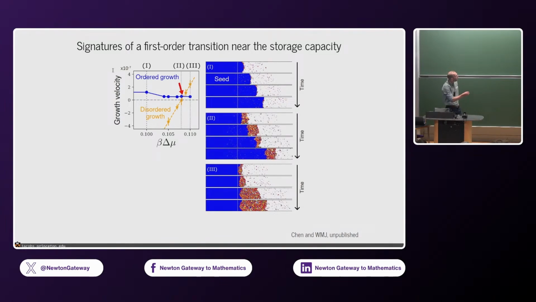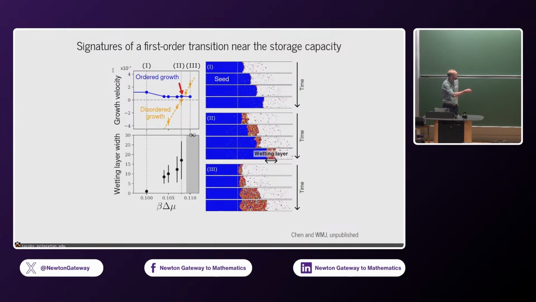But I think quite interestingly, if you're right very close to this transition point here, then you can get what looks like this wetting layer, except everything here is in steady state. This layer fluctuates, and if you monitor its width, as you approach this dynamical transition here, where we have coexistence between two different growing structures, this width appears to diverge.